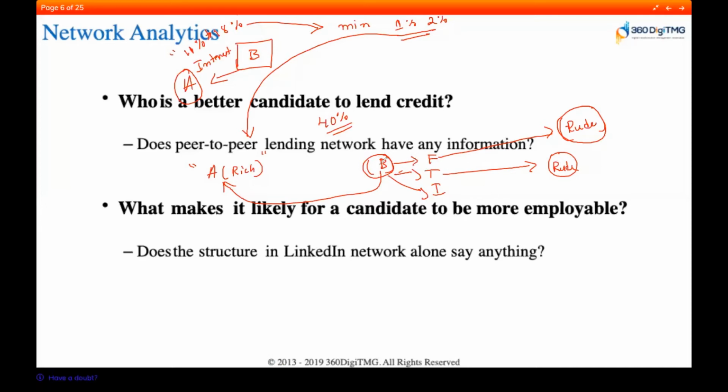And if this person is part of these friends, person A may not even lend any loan to this person. In fact, this is exactly happening in the US market now. On this basis, it is kind of very unsupervised, right? There are no kind of set parameters.